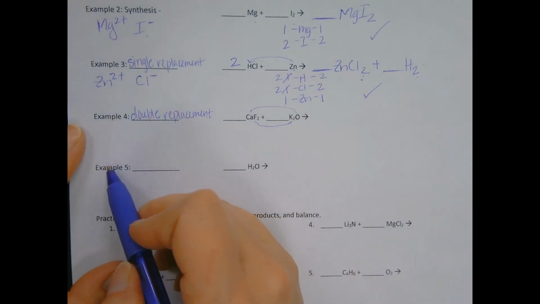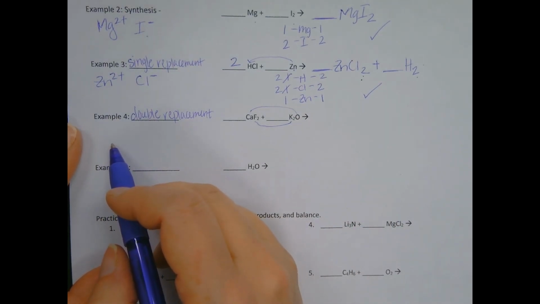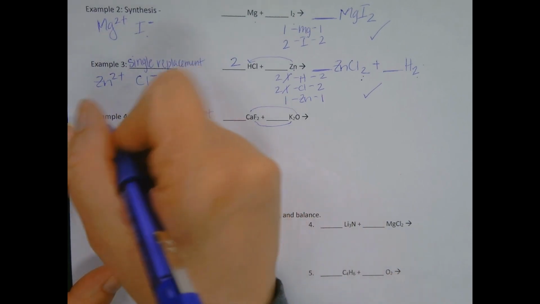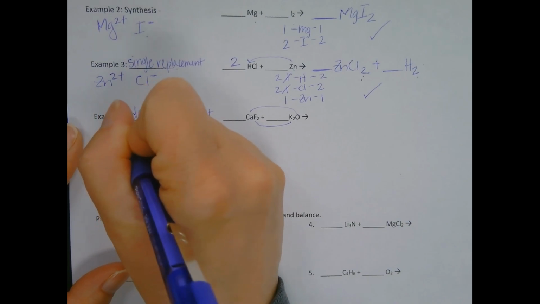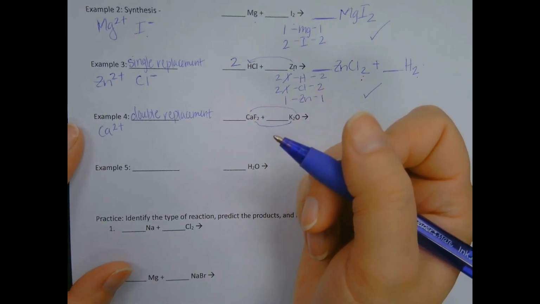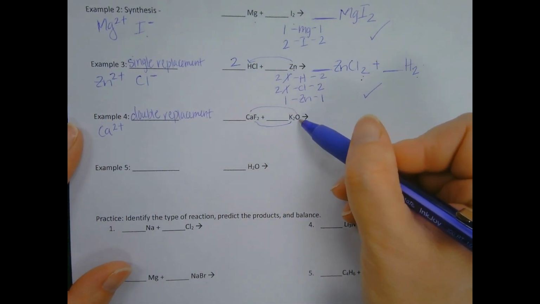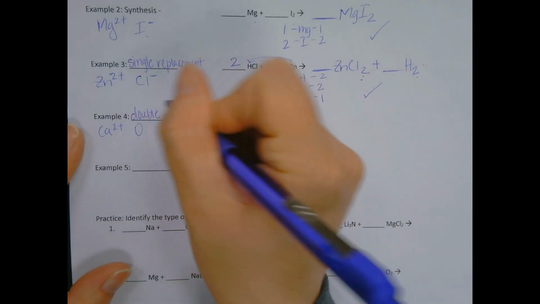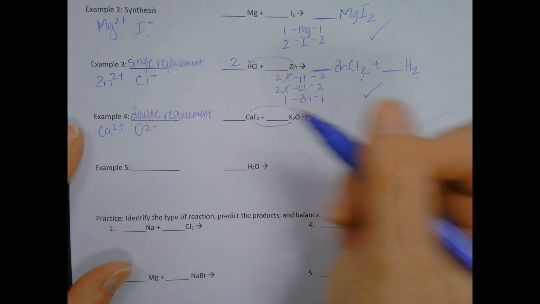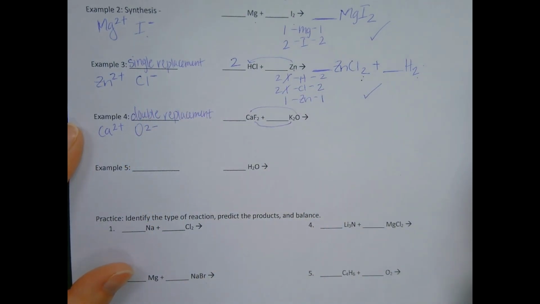Off to the side, just like I've been doing, I'm going to write the ions of all of these with their new combination. Calcium, Ca, will be a 2+ charge because it's in group 2A. And that's going to now combine with oxygen in my double replacement reaction. Oxygen will only be a 2- because it's in group 6A.